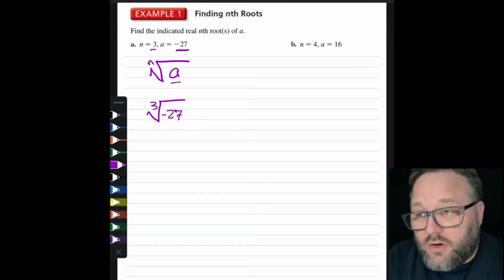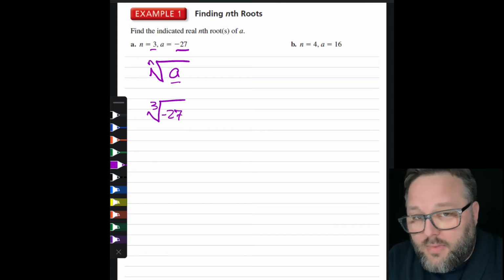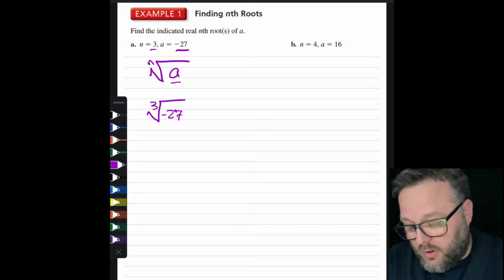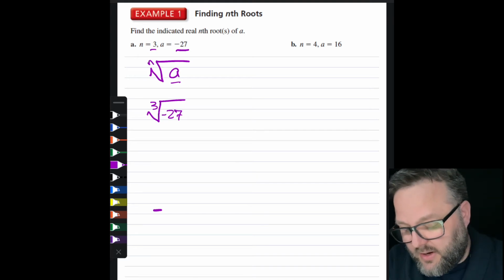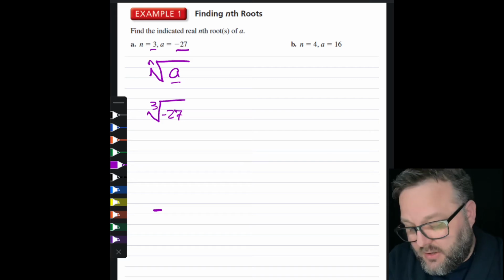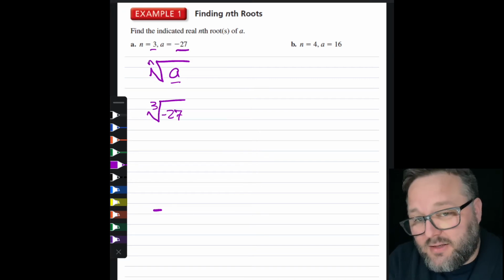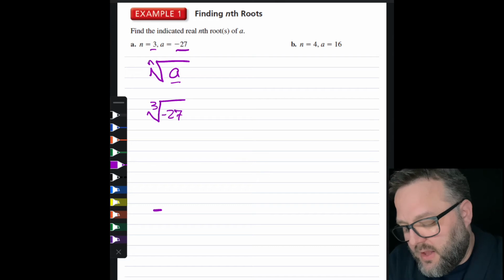Now, again, this can only have one answer. So I'm not going to worry about whether that number is negative or positive at this point. I'm going to put a bookmark on it and say somewhere down here I'm going to have my answer, and it's got to be negative, because that 3 is odd. Then I'm going to think of all the numbers that multiply up to 27.